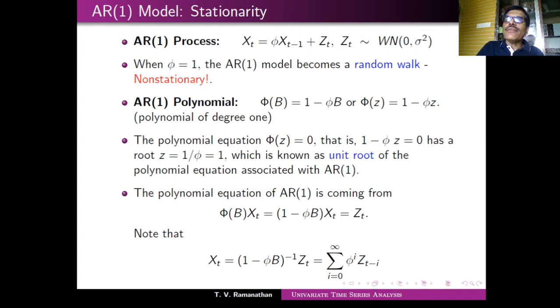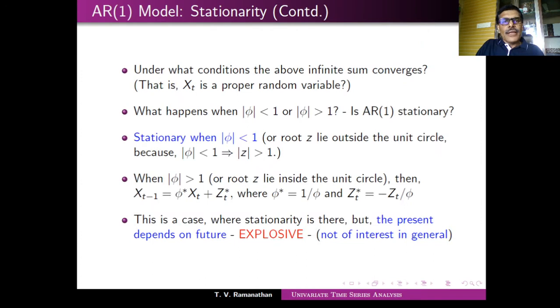But square convergence is implied by absolute convergence. So basically we put a condition in terms of absolute convergence. Under what condition does the above infinite sum converge, so that xt is a proper random variable? We can see that this convergence happens only if the absolute value of phi is less than 1.